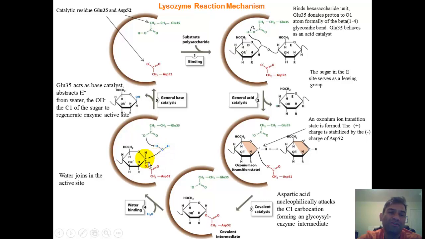That OH group attacks this anomeric carbon here, and then this pair of electrons goes back to the oxygen, and then we regenerate the familiar configuration of the active sites glutamic acid and aspartate, and also this part of the sugar leaves.